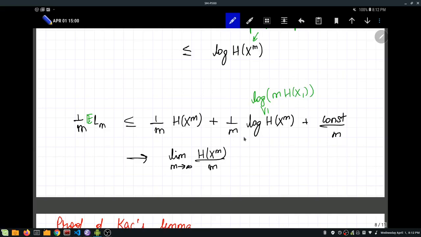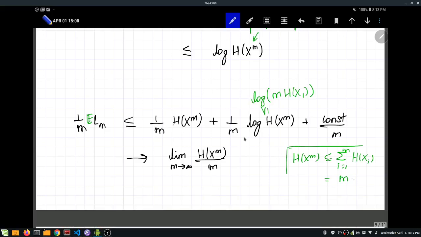So h of x_m is less than or equal to the sum over i from 1 to m of h of x_i, simply by the fact that conditioning reduces entropy and the chain rule of entropy. But this is simply equal to m times h of x_1 since this process is stationary.